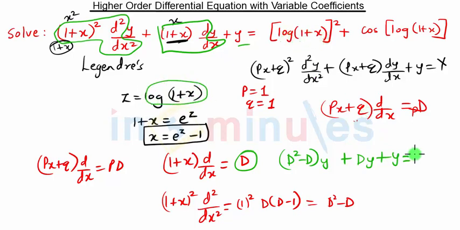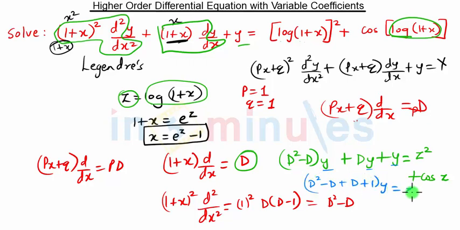So this will be nothing but z square plus cos of log of (1 plus x), which is nothing but cos of z. So now from this equation I am taking y common. I will get (D square minus D plus 1) y equal to z square plus cos z. This D and this D will get cancelled and we get (D square plus 1) y equal to z square plus cos z.